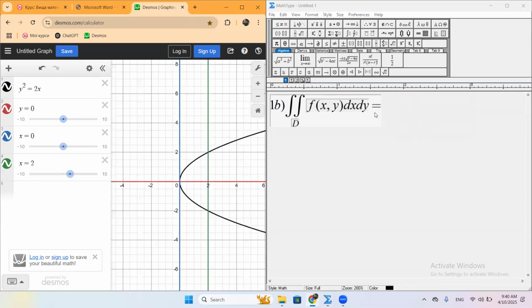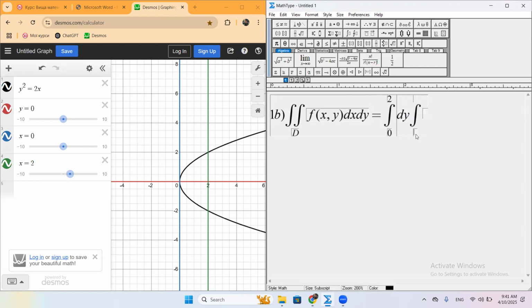We have two different ways. Firstly, we can make y the outer variable. So bounds of integration by y are 0 and 2, dy.